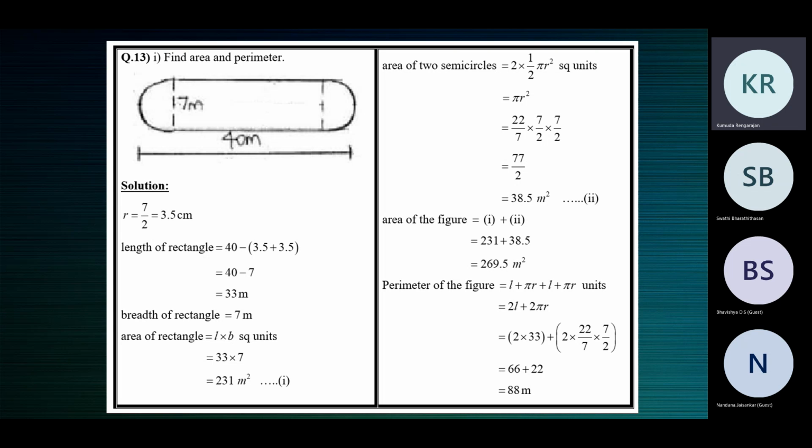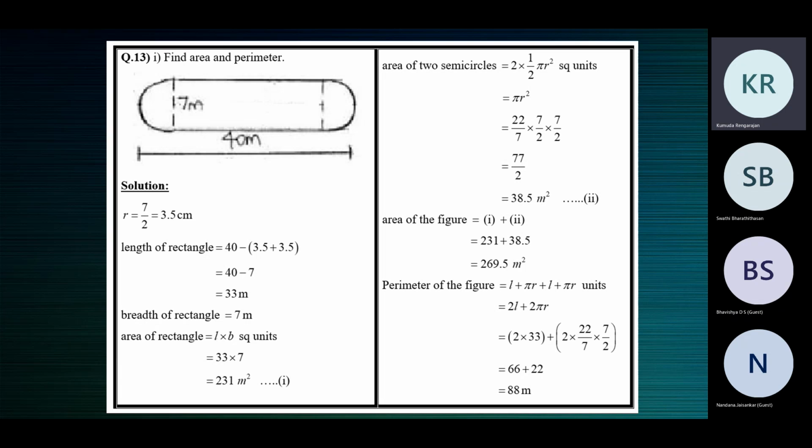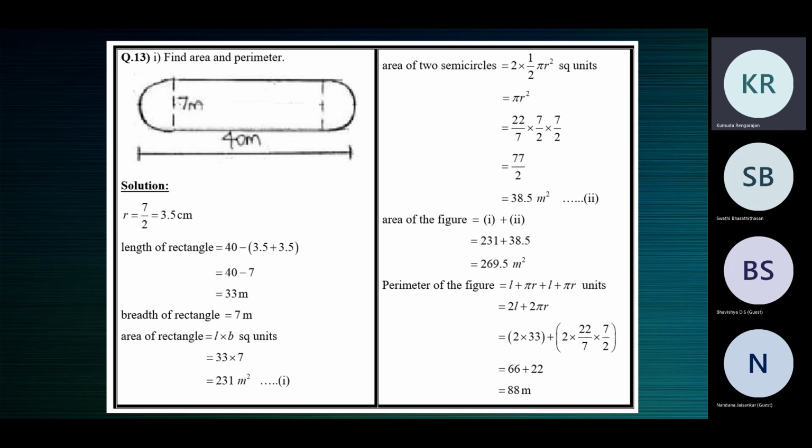Nandana and Bhavishya, last step I'm doing now. Please let me know. Finish it and let me know. Completed, ma'am. Nandana?